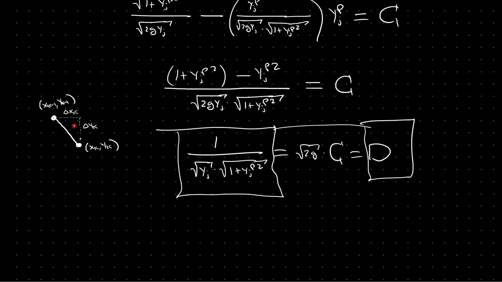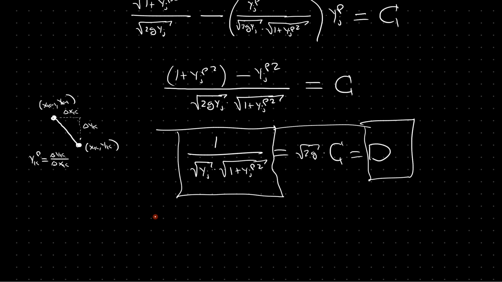And remember that ykp was chosen to be delta yk over delta xk. So what is 1 over the square root of 1 plus yjp squared?